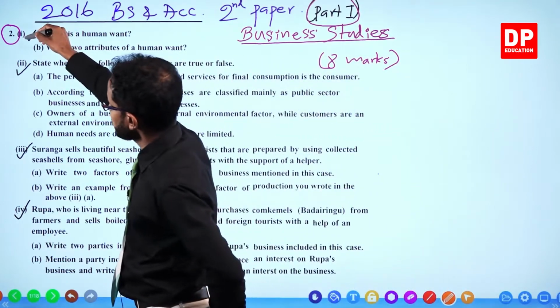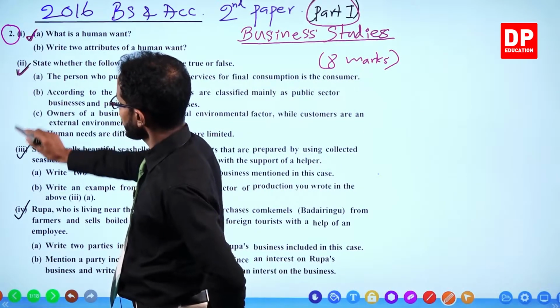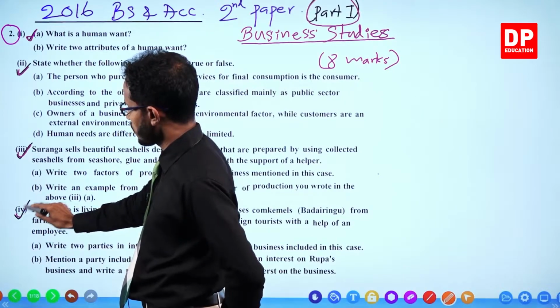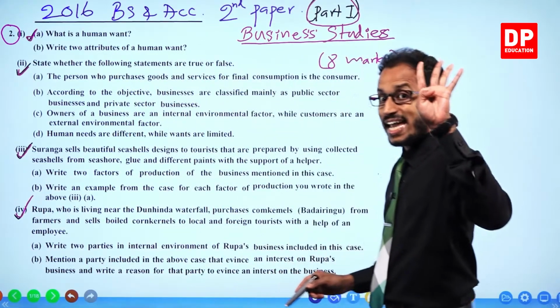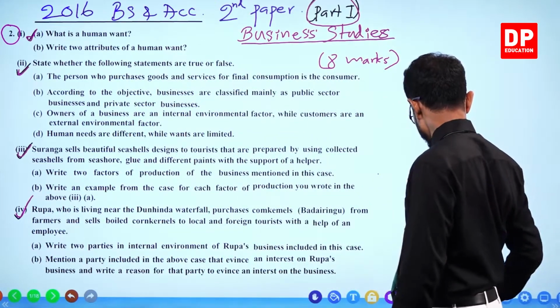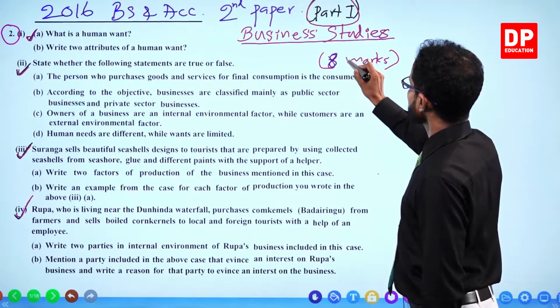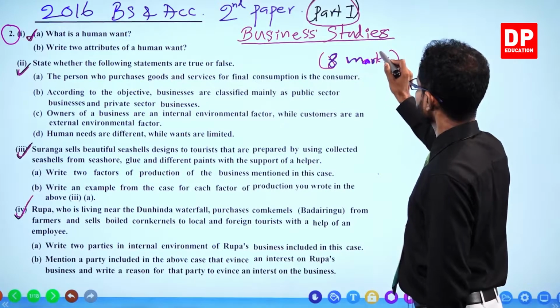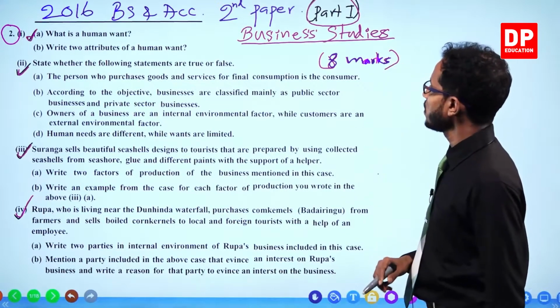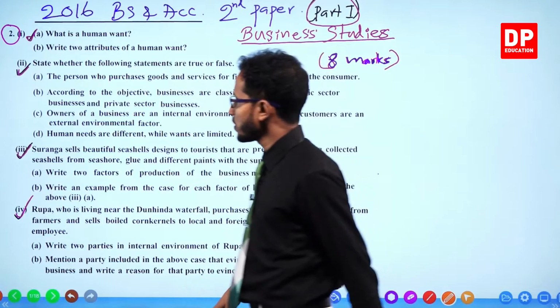See, 1, 2, 3, 4. 4 subparts, 8 marks. That's your allocation of marks. Got it? Good. Let's go ahead with the question.